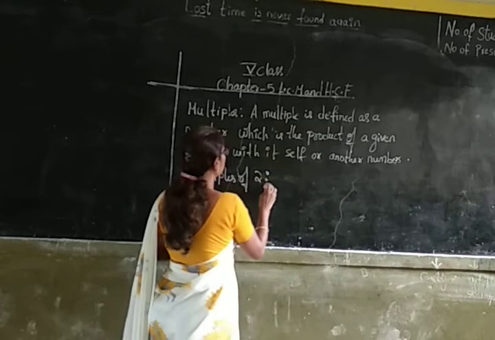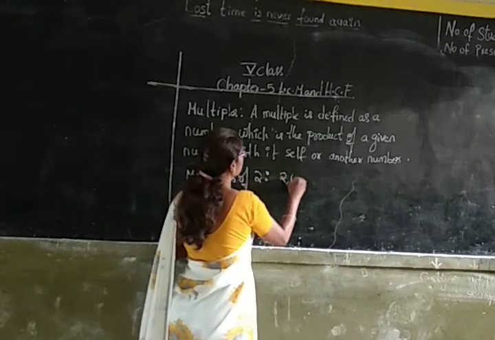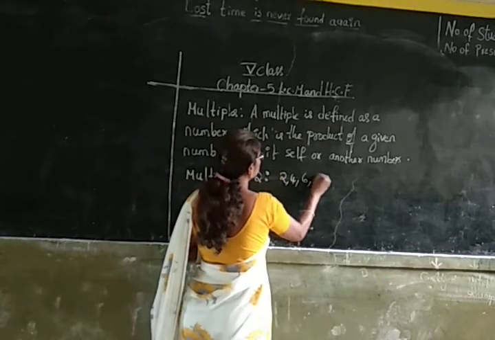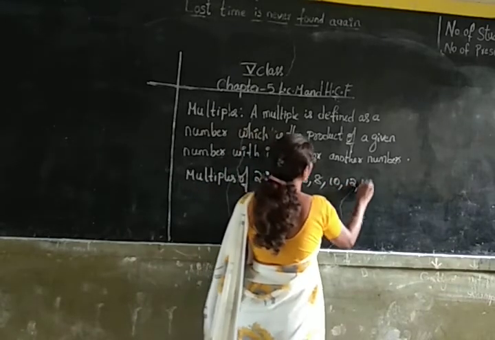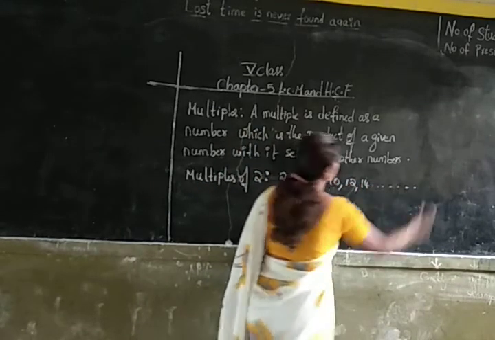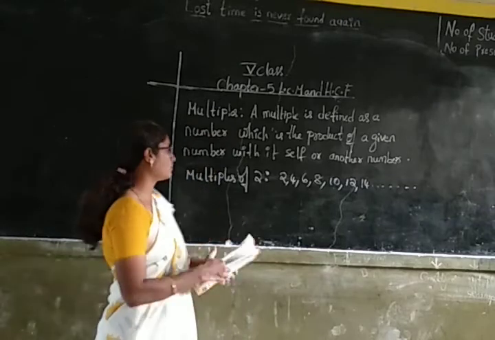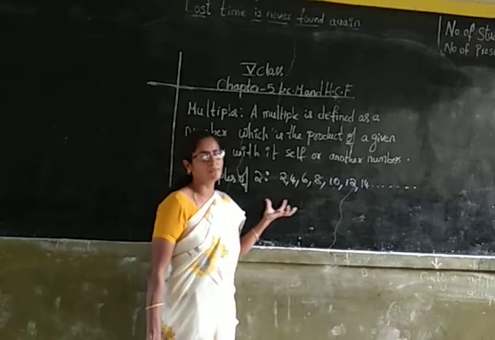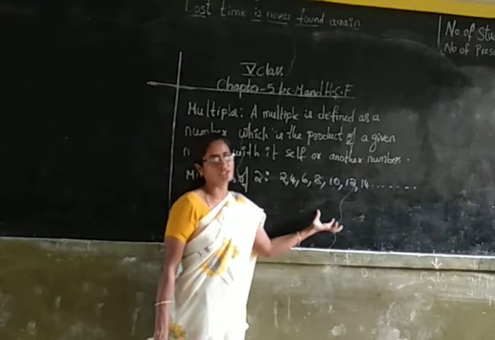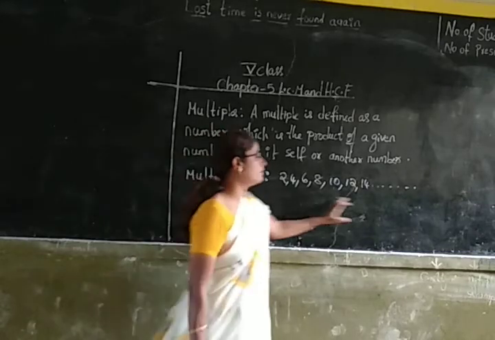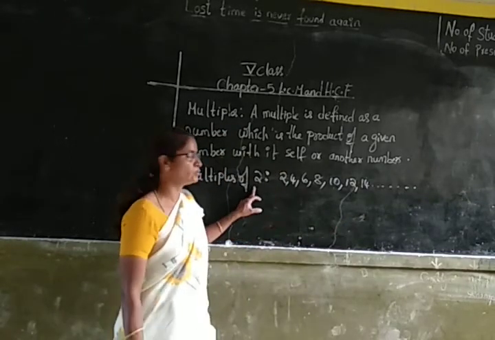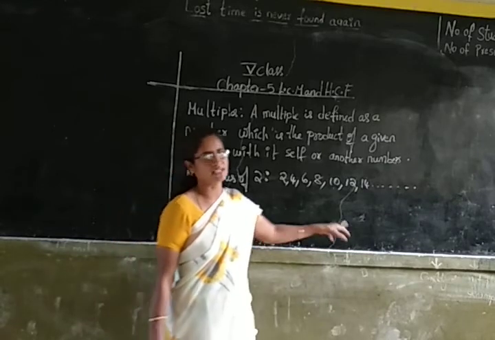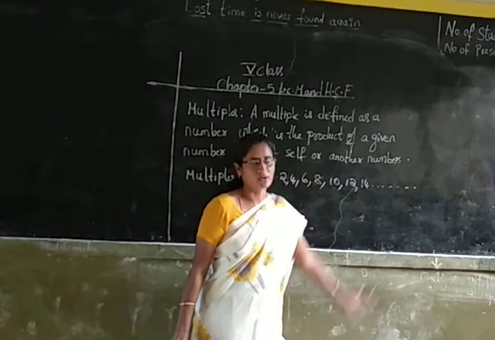So multiples of 2 are 2 1s are 2, 2 2s are 4, 2 3s are 6, 2 4s are 8, 2 5s are 10, 2 6s are 12, 2 7s are 14. All these are called multiples of 2. The products which we got by multiplying 2 with 1, 2, 3, 4, etc. are called the multiples of 2.